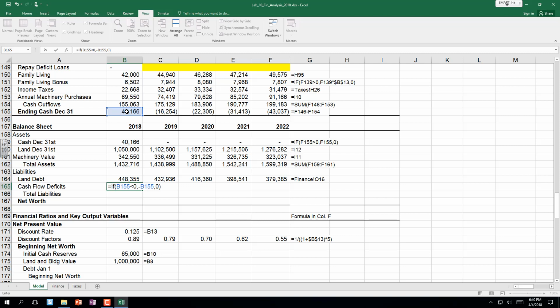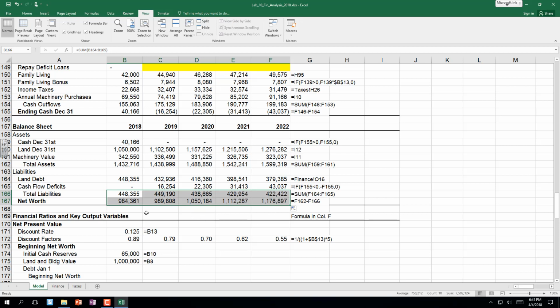Or put a 0 there. Then we'll drag that across, and we can sum these two liabilities, and we can calculate net worth is equal to assets minus the liabilities, which is B166, and you can drag those across.